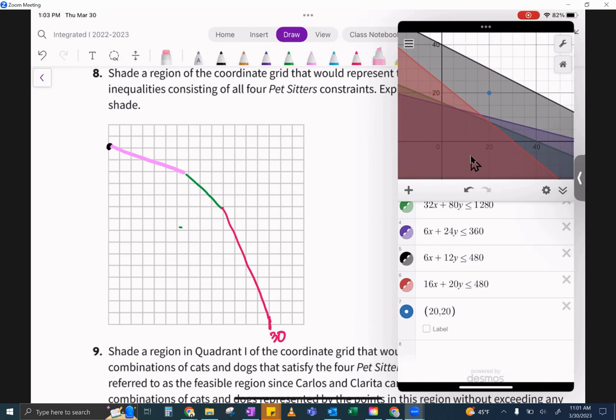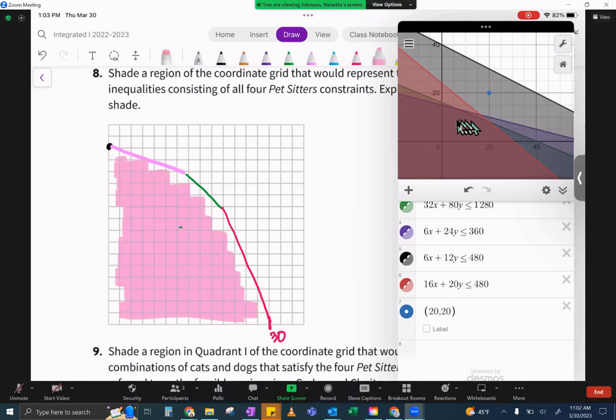Okay, while you do that, I'm going to shade my solution region, all this. This is my solution region, meaning any point that I choose here in this dark section, traveling up to red, traveling along the green, traveling along the blue, these points meet all the conditions.